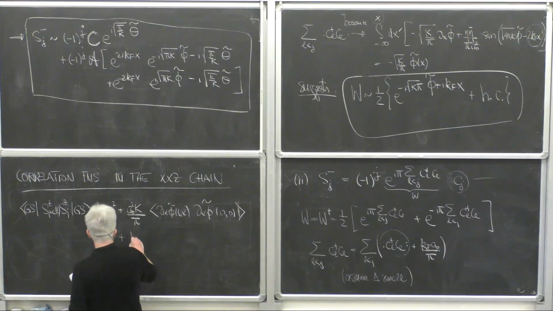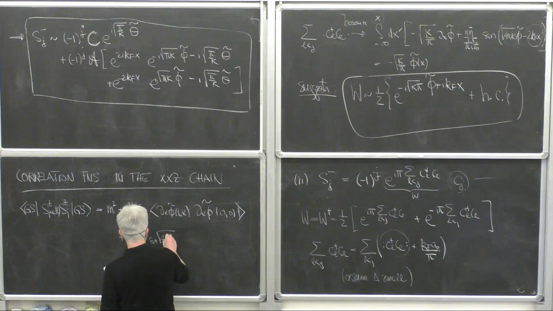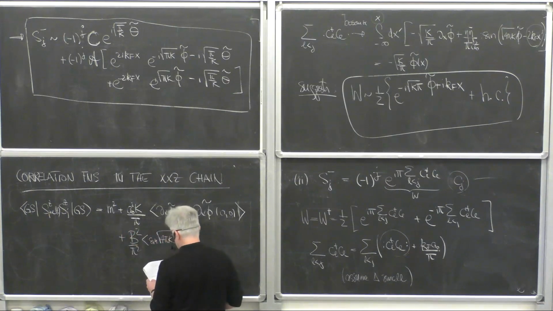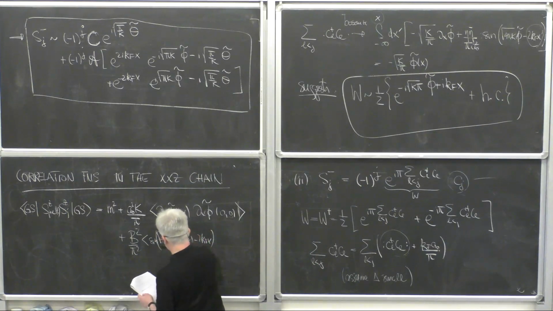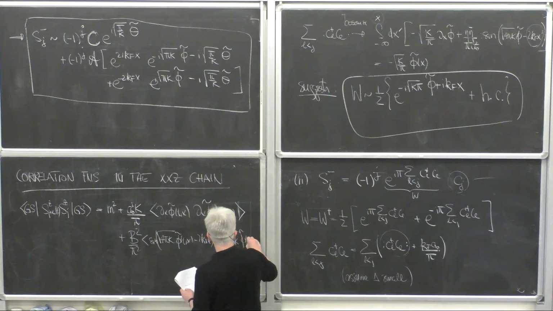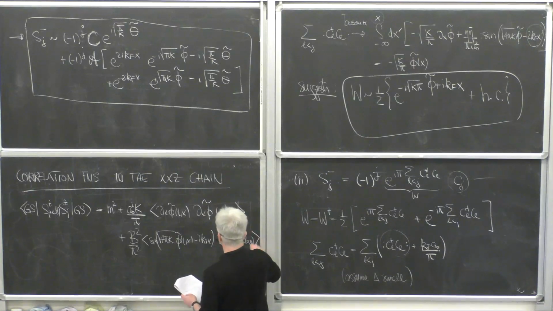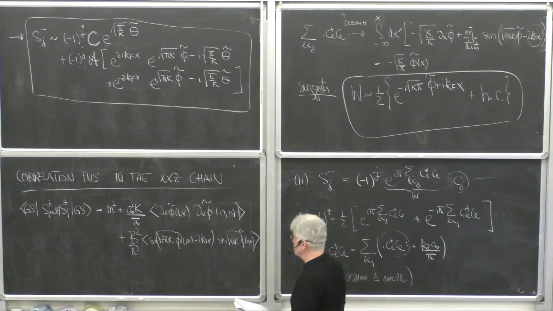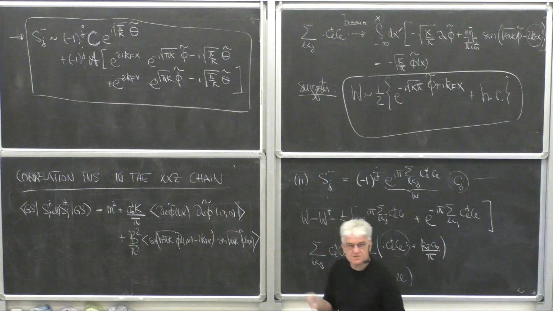And then we get plus b squared over pi squared sine of square root 4 pi k phi tilde of t and x minus 2 kfx. And then here we have sine of square root 4 pi k phi tilde of 0 and 0. Something like this. Okay, just using the bosonization formulas explicitly now.